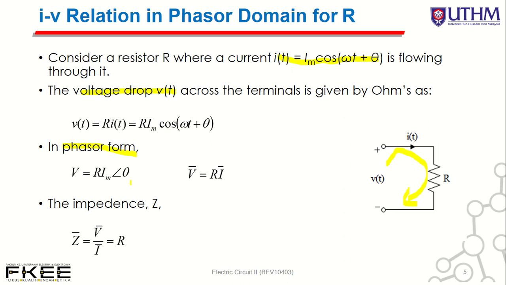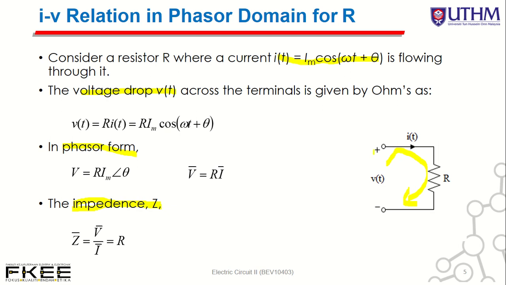So what is impedance? The relationship between voltage and current we call impedance Z, where Z equals V over I. Previously we already knew V equals IR for a DC circuit.